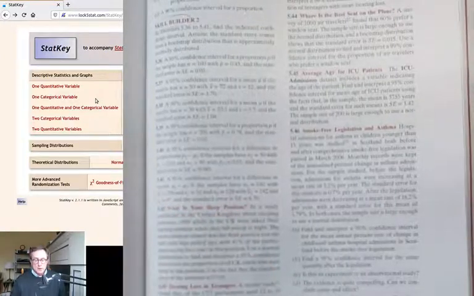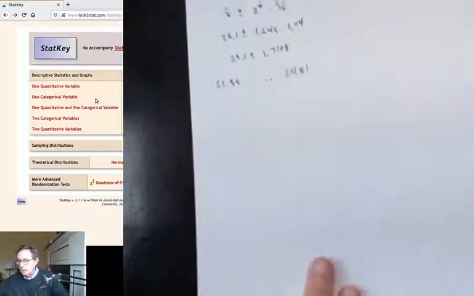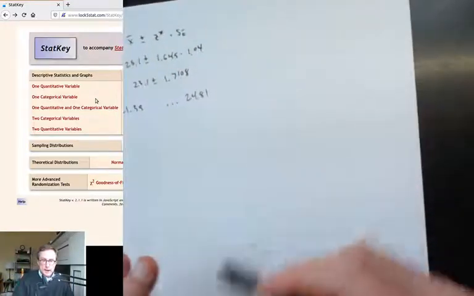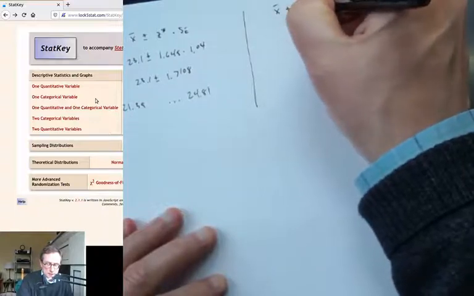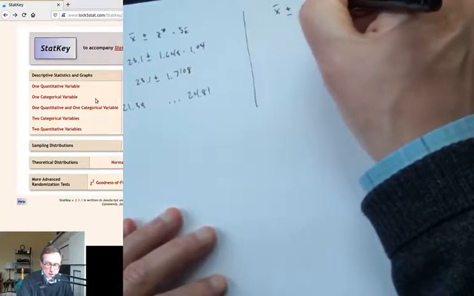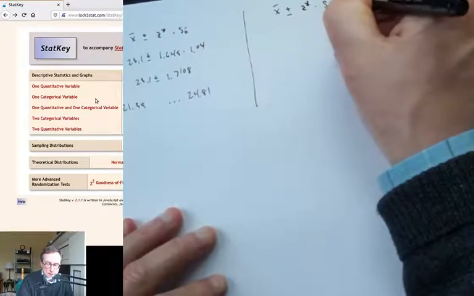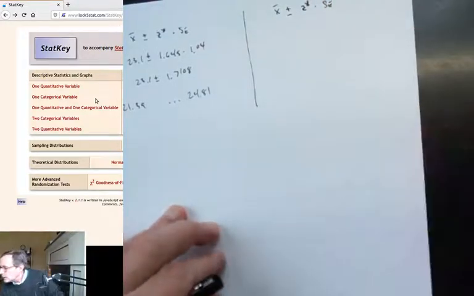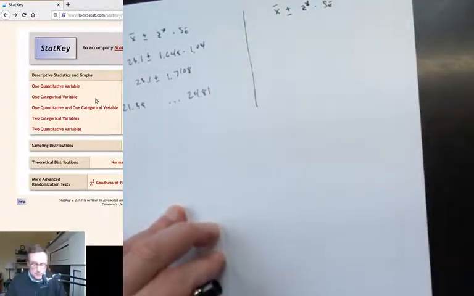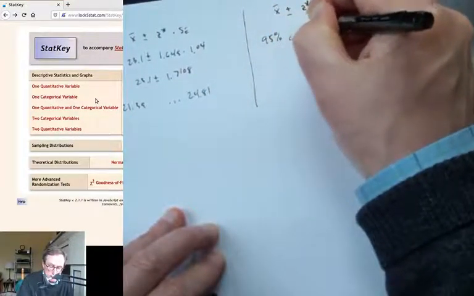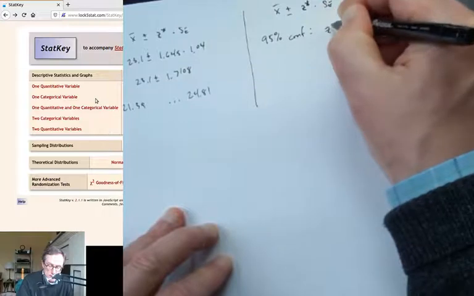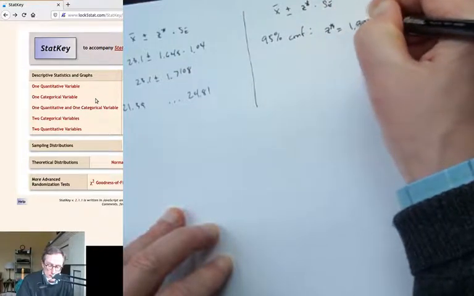Again, we're looking for mu, but we're going to make do with X bar because that's all we have. So X bar plus and minus Z star times the standard error. For the 95% confidence interval, Z star is 1.960.